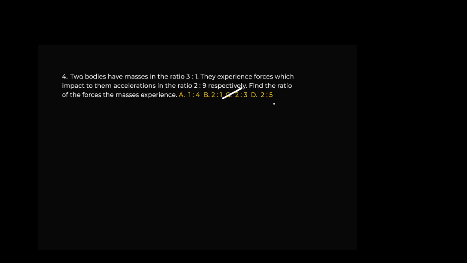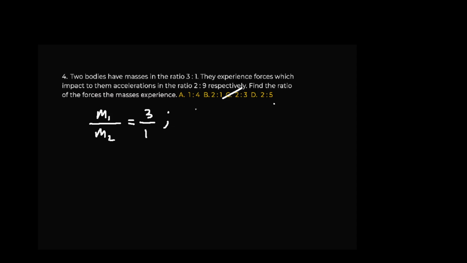So let's see. We are told that two bodies have masses in the ratio 3:1. So let's say m1 divided by m2 is 3/1. Are you following? They experience forces which impart to them accelerations in the ratio 2:9.